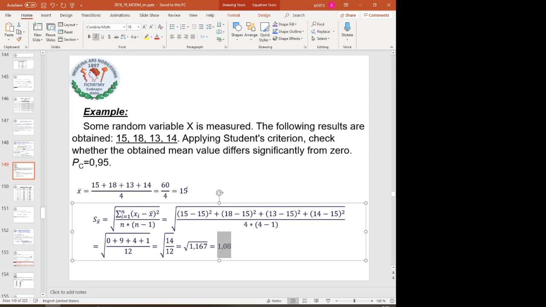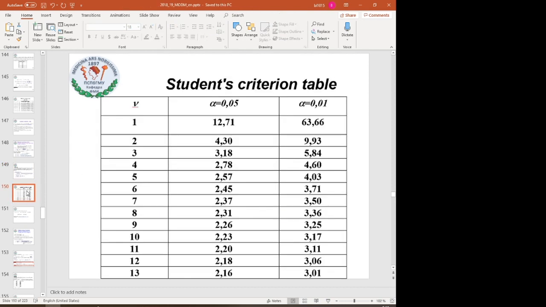So if we divide this by this, we will get something about 13 or 14, and the number of degrees of freedom is 4 numbers minus 1, so 3, and for a significance level of 0.05 the critical value is just 3, but we have about 13.